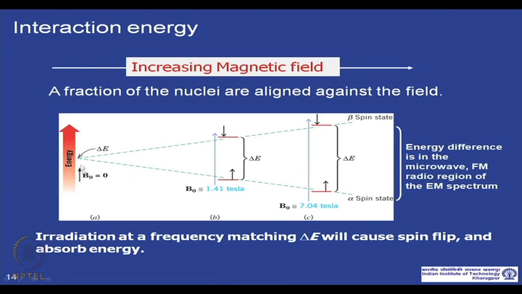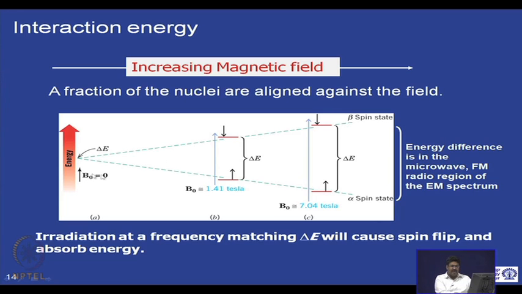With increasing external magnetic field, the energy between the two states increases, and the population in the lower state, the ground state, becomes larger compared to the higher state.